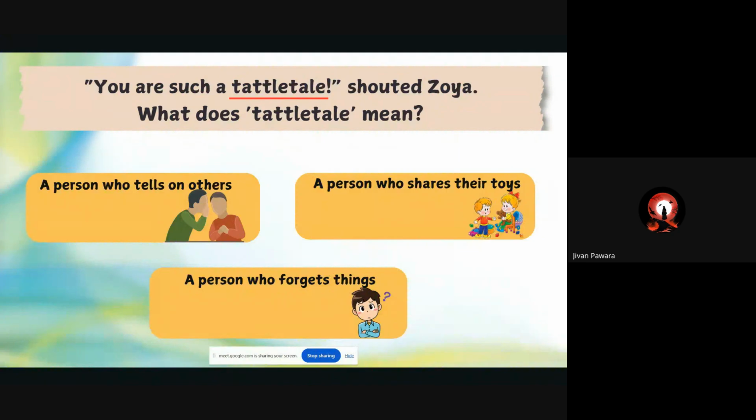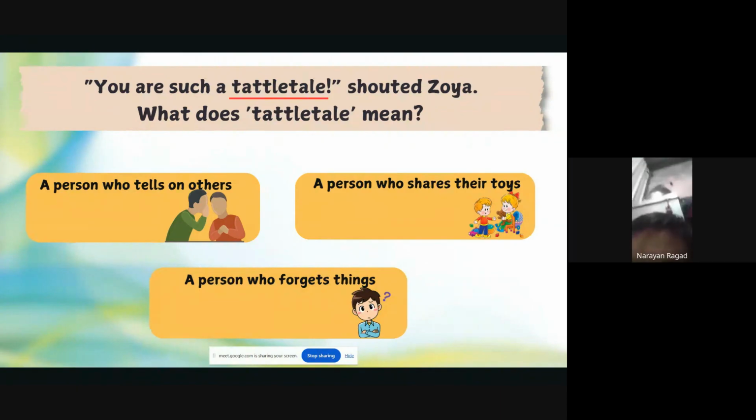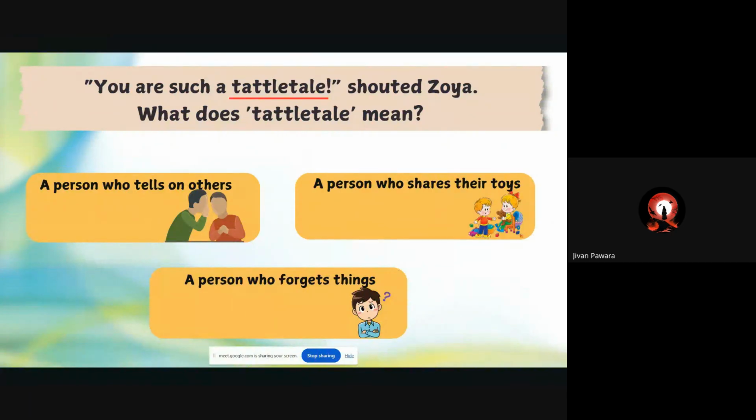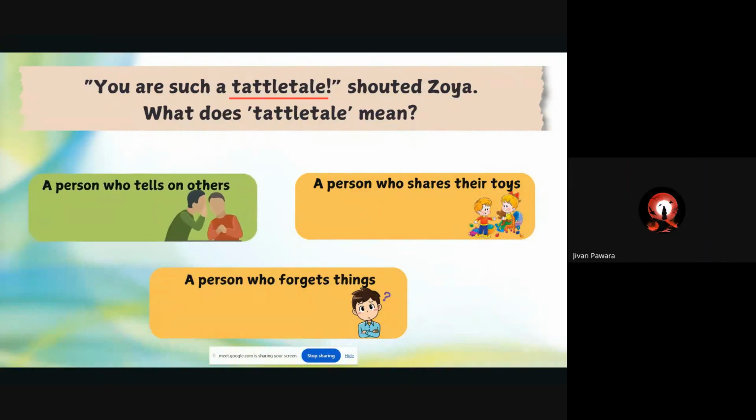A person who forgets things is not a tattletale. Tattletale means a person who tells on others.